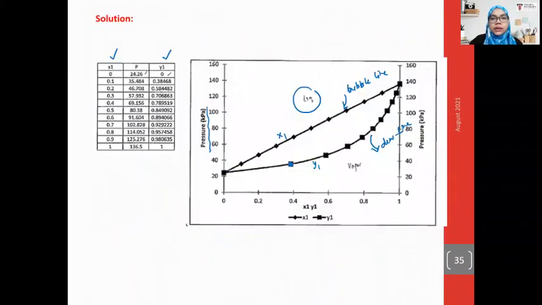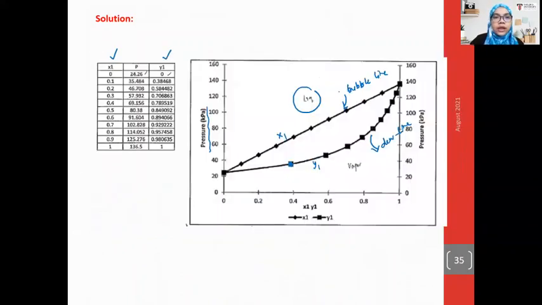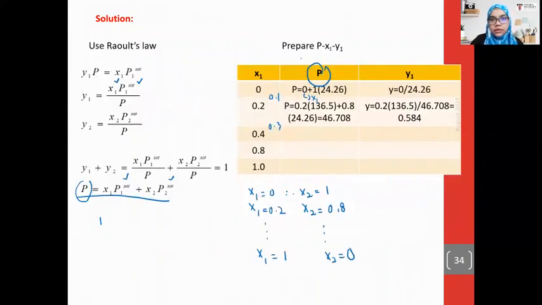Okay, we have this example here. Try to do it on your own. I already gave all the answers, and include producing your own diagram based on your own calculation. You may choose any value of x1 to proceed with.